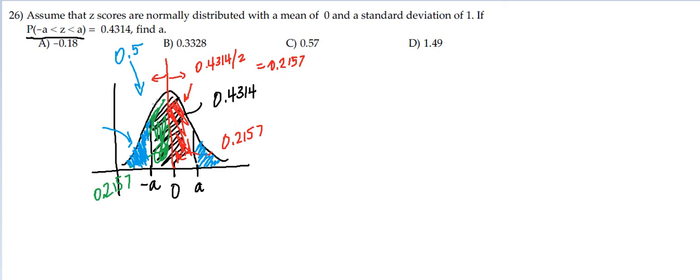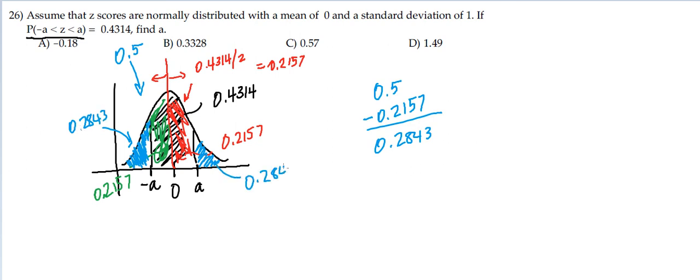So if 0.5 is the whole half of the curve, and we know that 0.2157 is the green shaded area, then the blue shaded area is going to be 0.2843. So this area right here is 0.2843, and then this area over here is 0.2843.